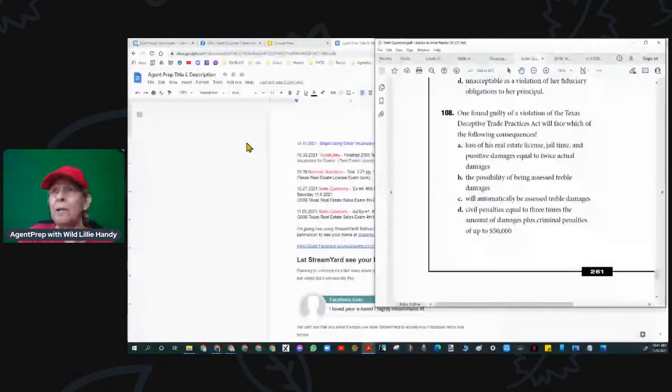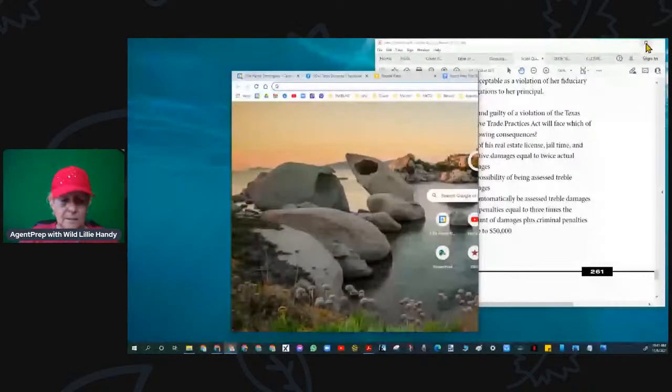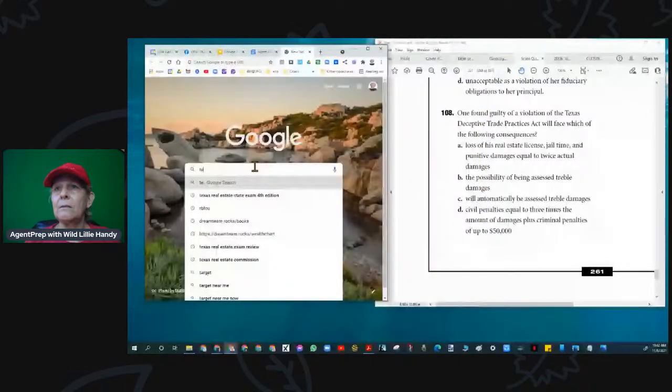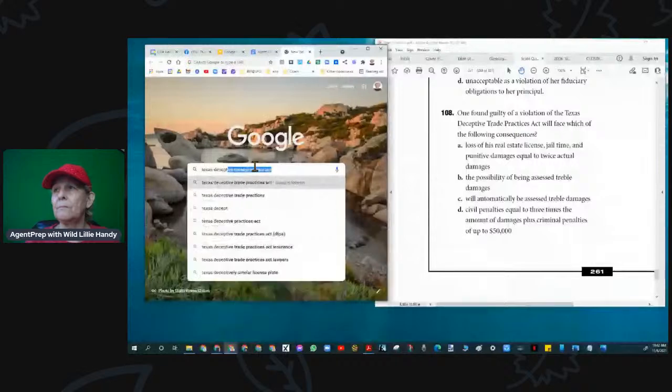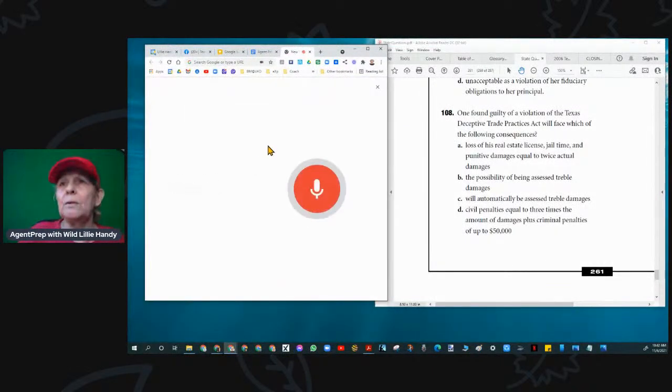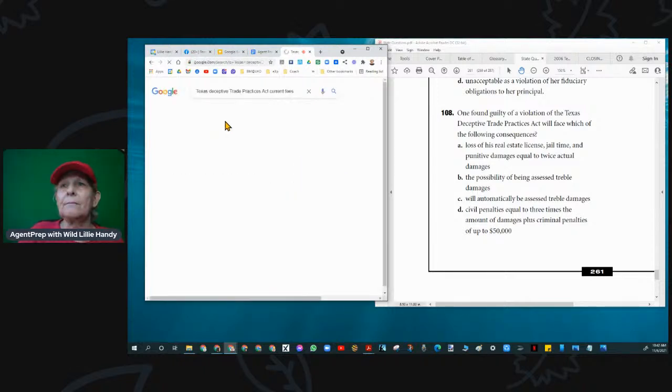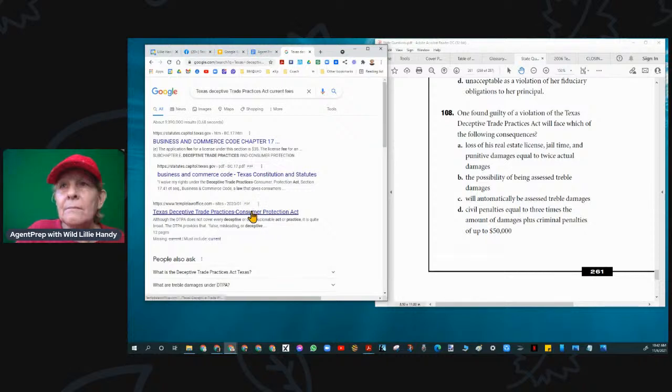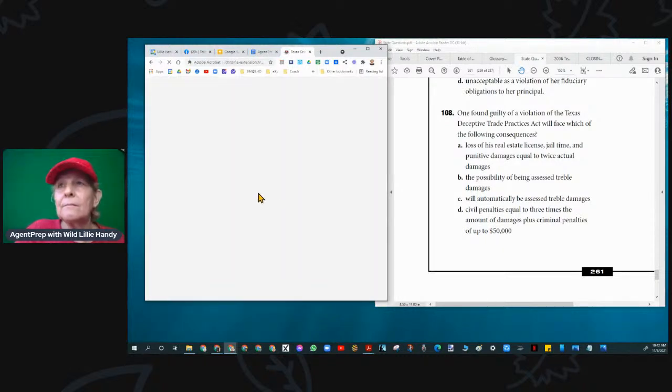So take a moment to see which you think is the correct answer. Type it in, and in the moment, I'm going to look up the Texas Deceptive Trade Practices Act current fees. So anybody?